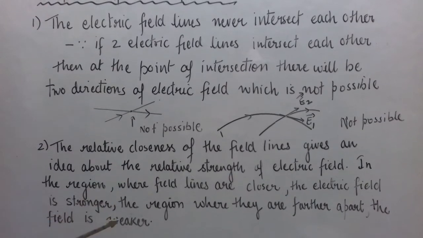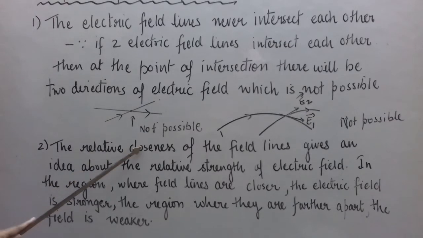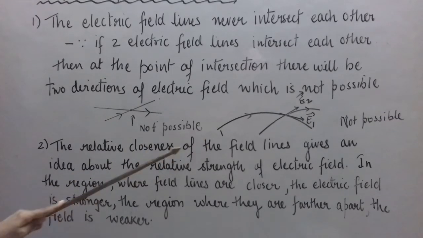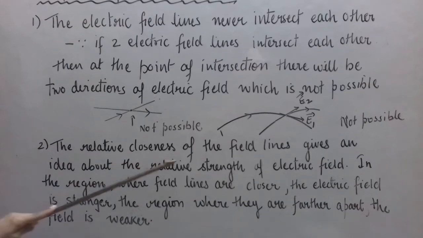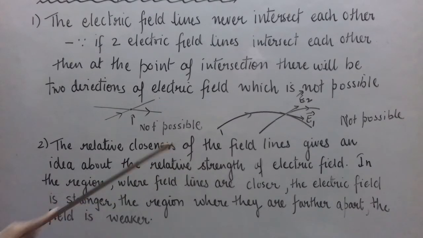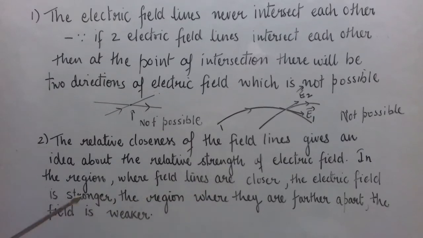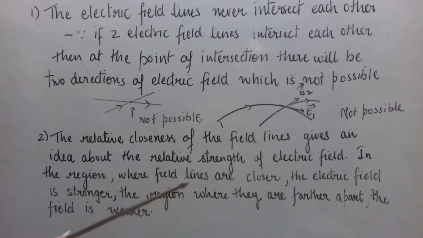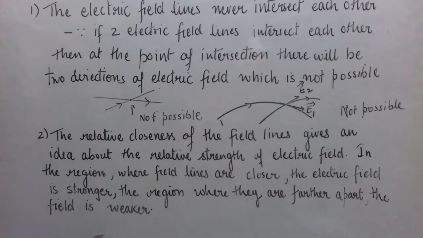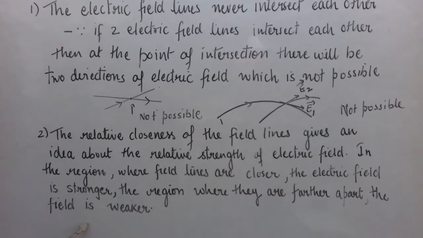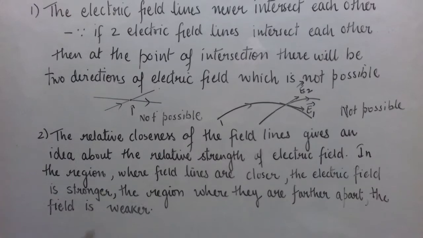Where the lines are further apart, the field will be weaker. In the region where field lines are closer, the electric field is stronger, and the region where they are further apart, the field is weaker. This is again the same property as that of magnetic field lines.